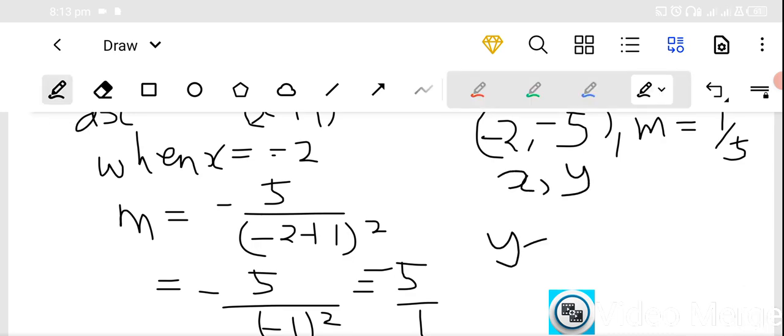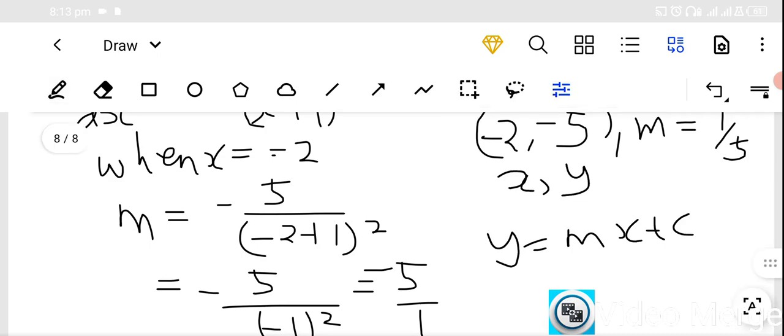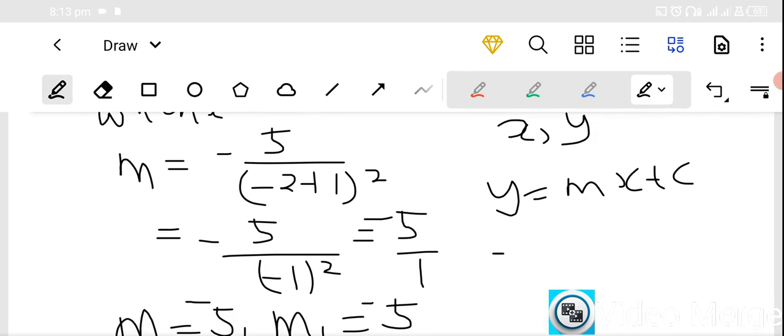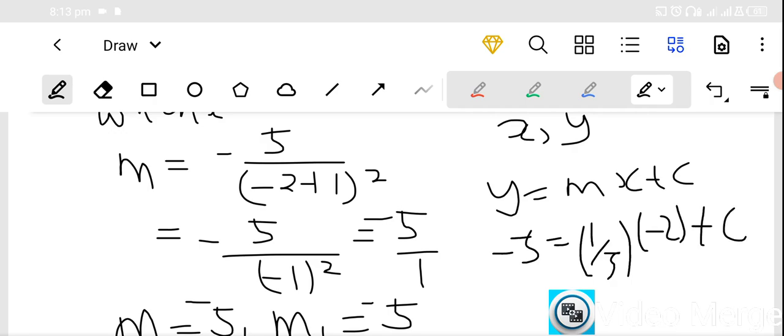Y is equal to mx plus c. Simplest method to give you what you need. Y, which is negative 5, is equal to m, which is 1 over 5, multiplied by x, which is negative 2, plus c. So positive 1 over 5, negative 2 plus c.